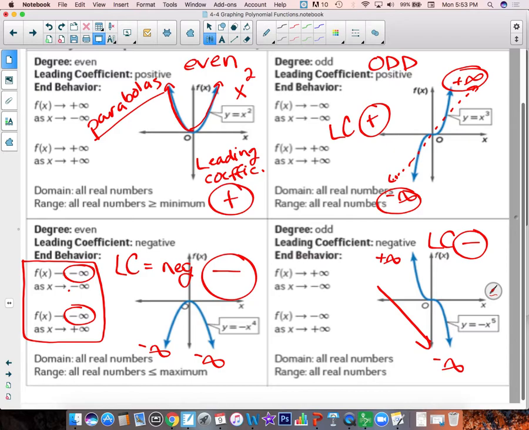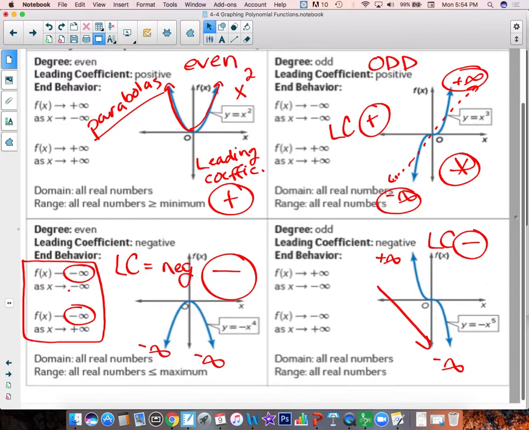Now, if you guys need a little bit extra help on this, you can rewind and hear me explain some of these again, which you may need to. But you can tell the degree of the function by the power, and you can tell if it's odd or even by the power. If it's 2, it's even, if it's 3, it's odd. Then if the number out front on an odd is positive, then it will be like this one here.